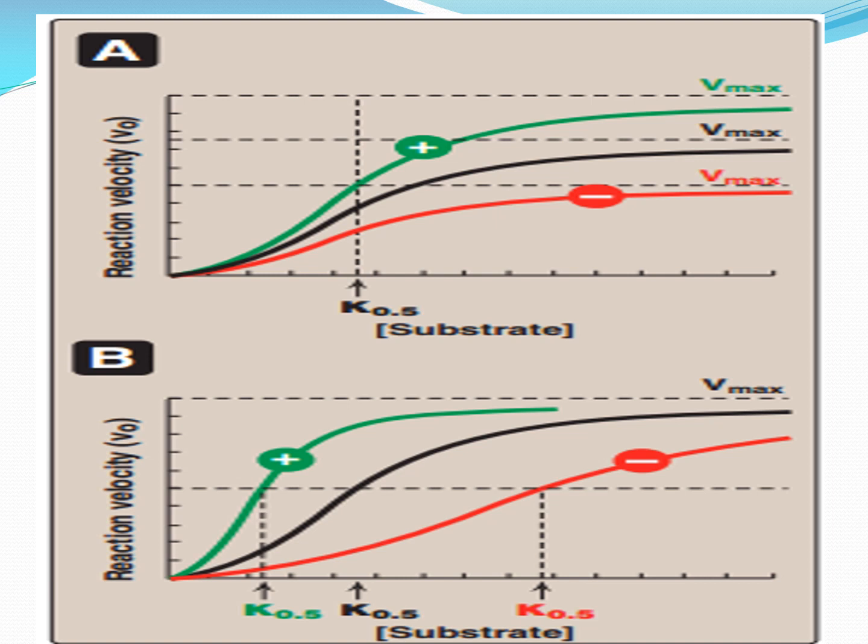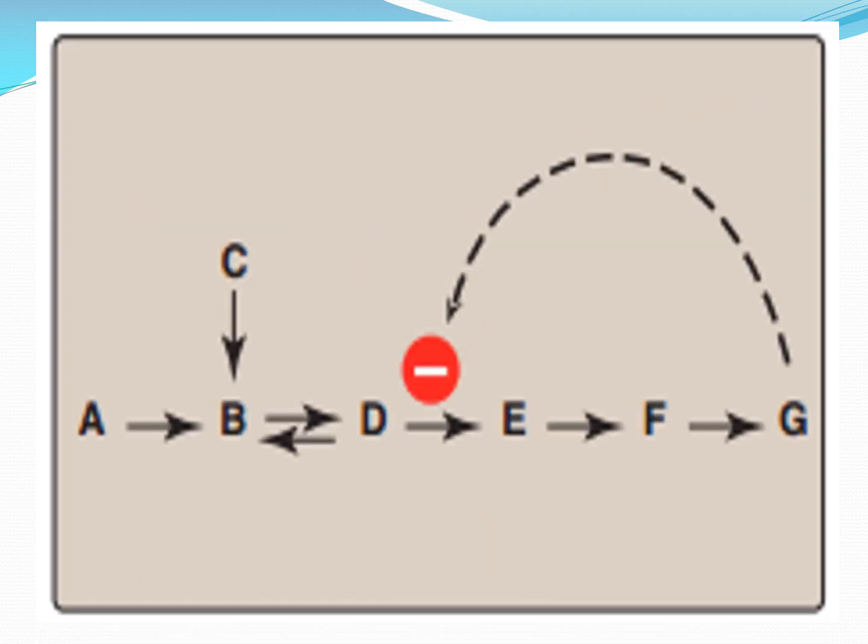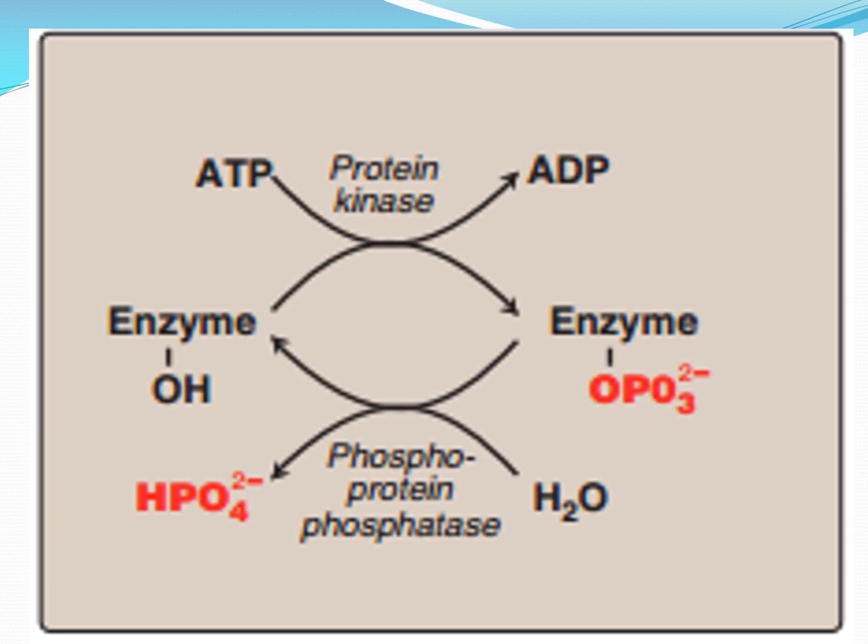And this would be affected by your negative or positive feedback when related to substrates. This is also feedback inhibition for enzymes. Also an example of feedback inhibition of your phosphates.